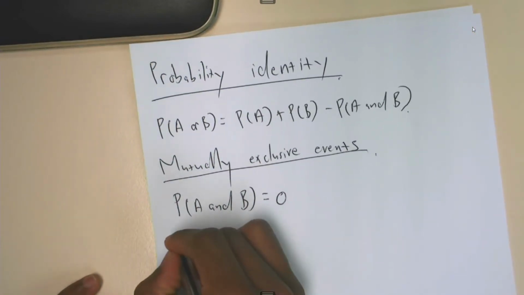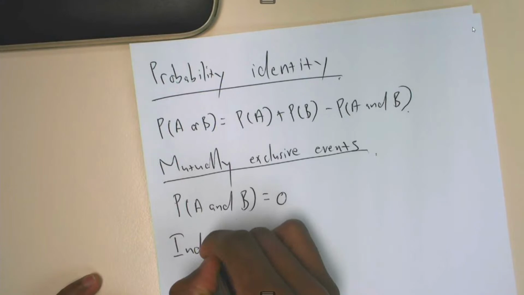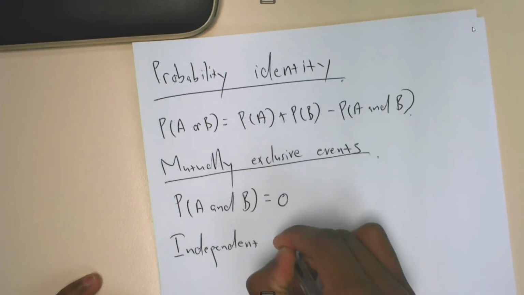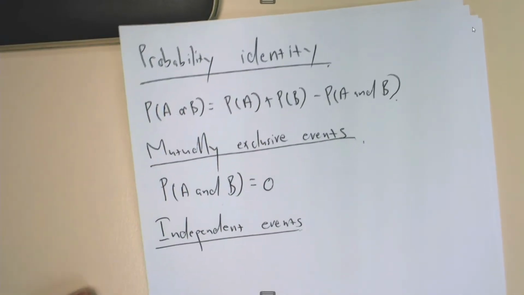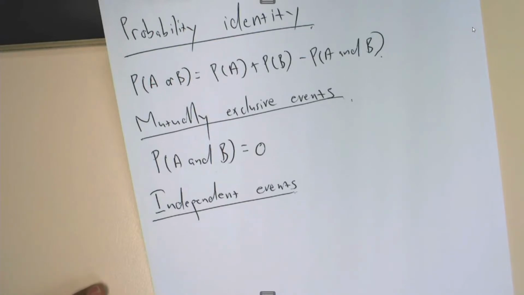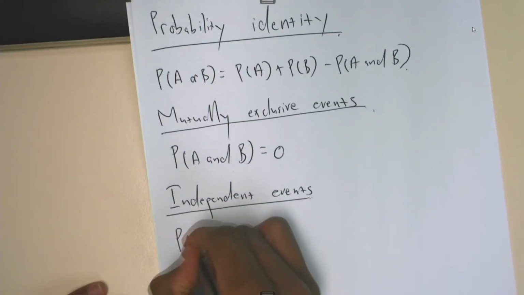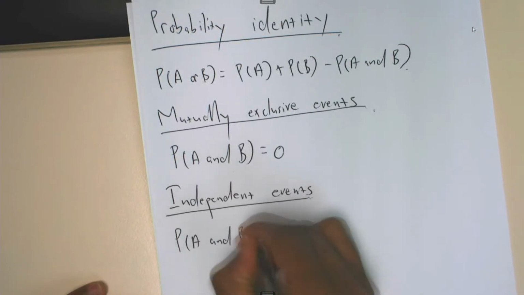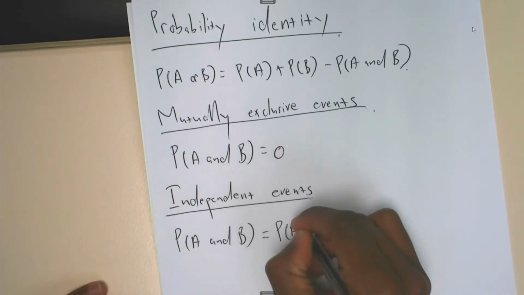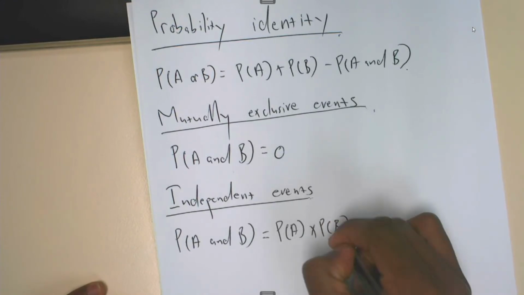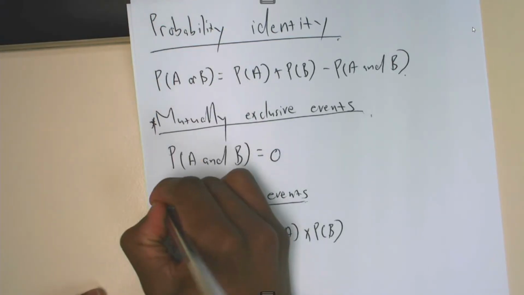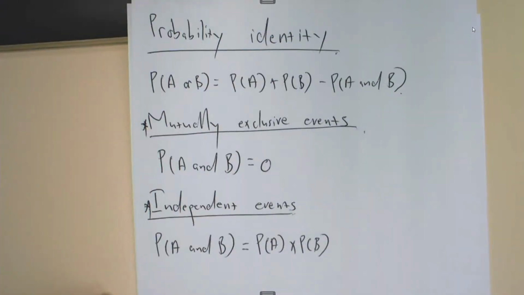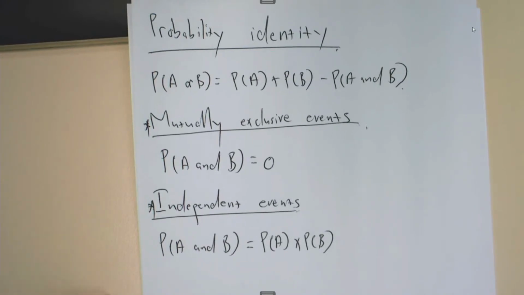And then we also deal with independent events, particularly questions that are related to the probability identity. With independent events, it means that the probability of A and B will always be equal to the probability of A multiplied by the probability of B. So when we deal with independent events, make sure that you read your statements thoroughly.